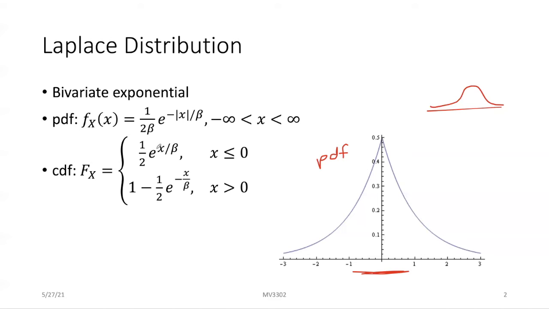Notice that these values are negative, so this exponential is going to be decreasing as x gets larger in absolute value, it gets smaller in its negative. So this actually goes down, and it's symmetric this way.